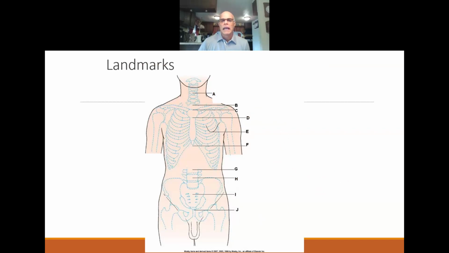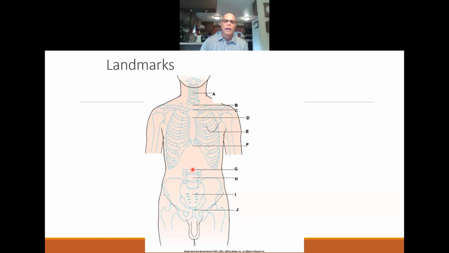Okay, guys, I put this landmark picture back in here. It was presented multiple times throughout intro and again in our presentation on the positioning of the chest, but it is important that we go over these areas once again. I really want you to focus on H. It lines up with the top of the iliac crest.